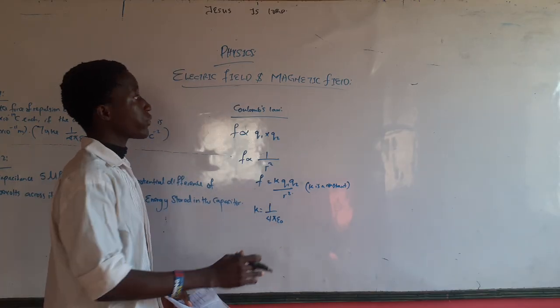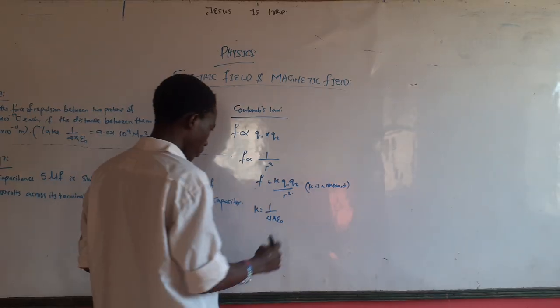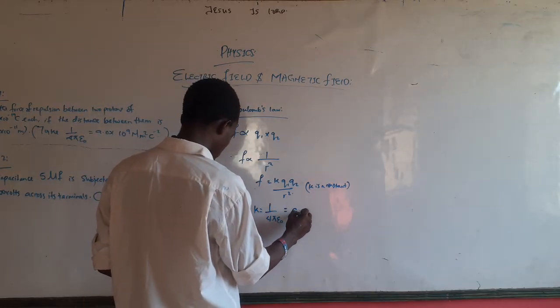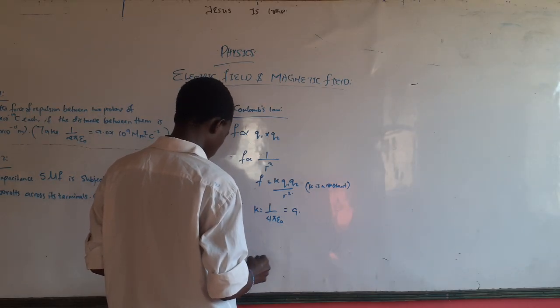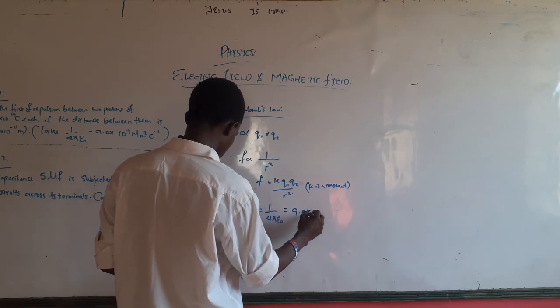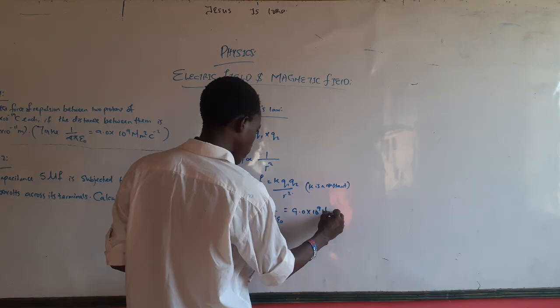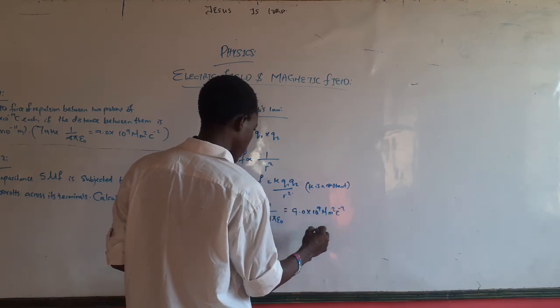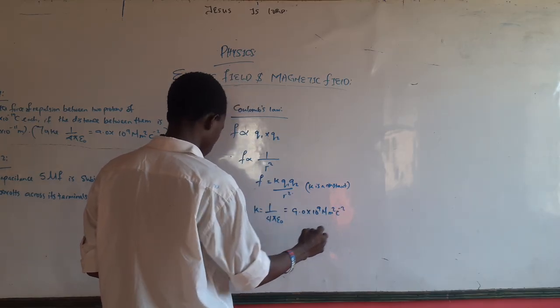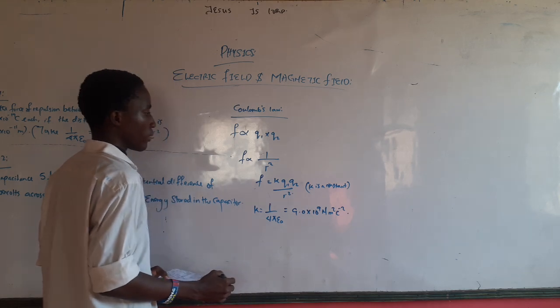Under electric field, it also has a value of 9.0 times 10 to the power of 9 N m squared per coulomb squared.